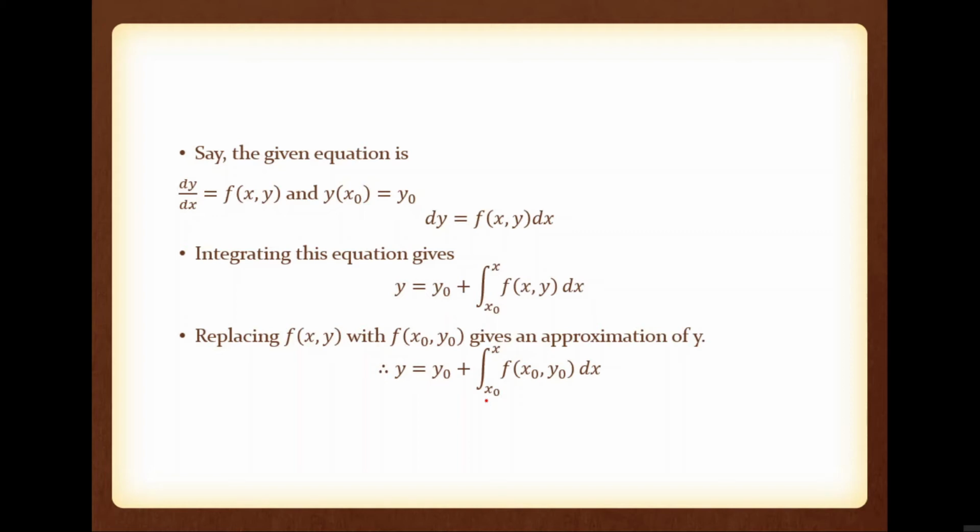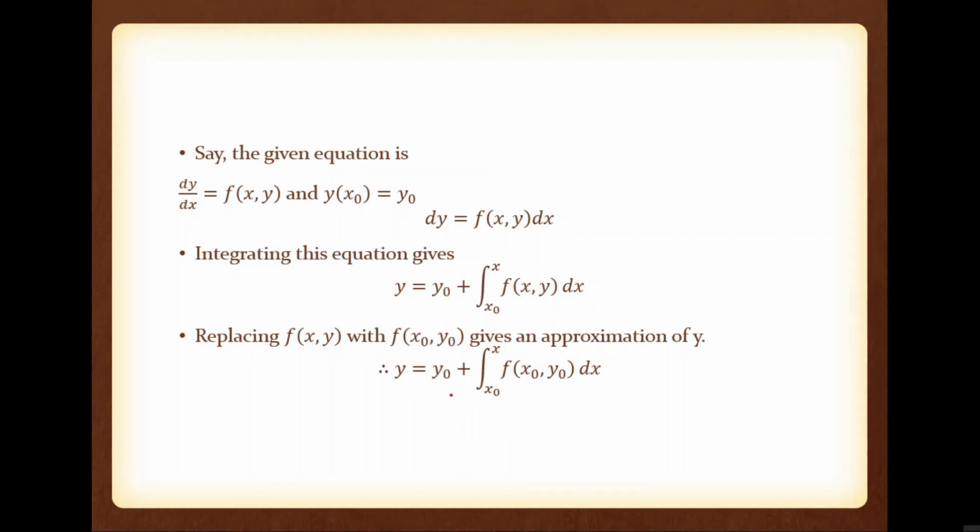So please note, if f of x0 comma y0 is constant, then we can take this one outside. Then what do we have? We have integral x0 to x dx. After taking f of x0 comma y0 outside, we have integral x0 to x dx. And what is that? It is x minus x0, right?